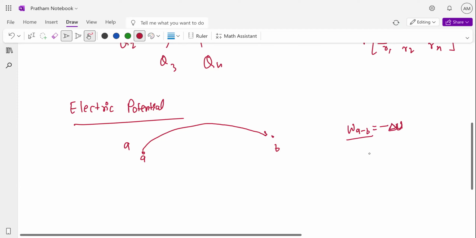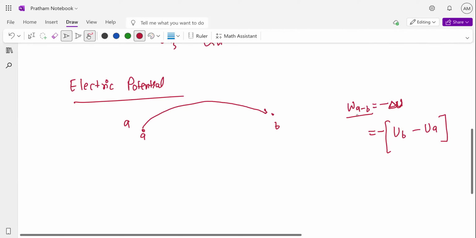Now what is the change in potential energy? It is nothing but the final potential energy, the potential energy at point B, minus the potential energy at point A.